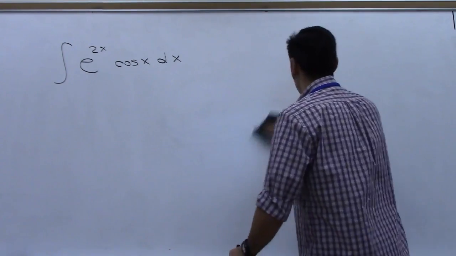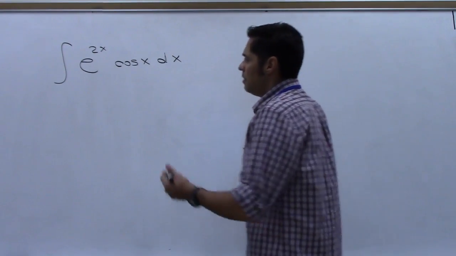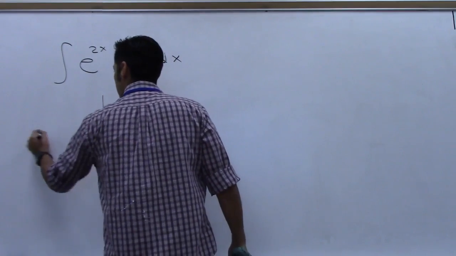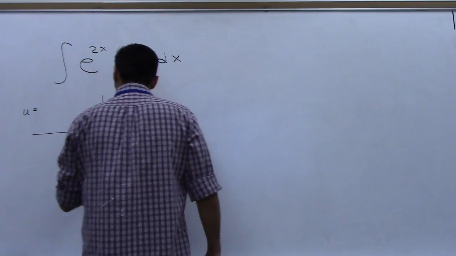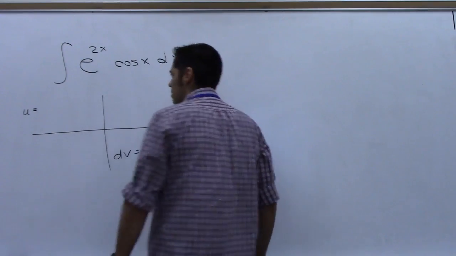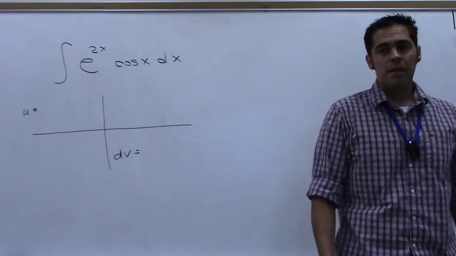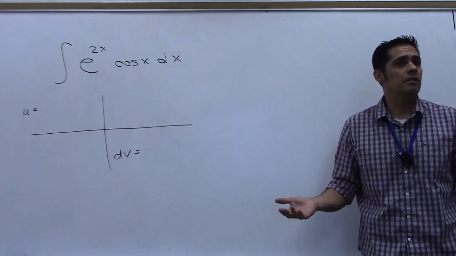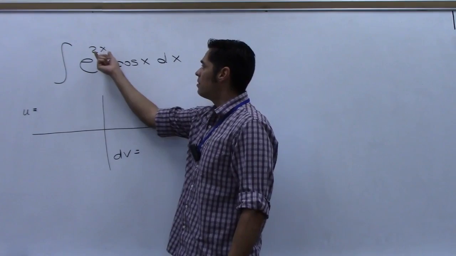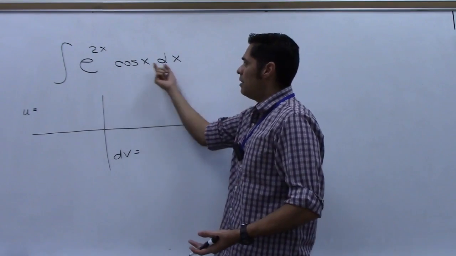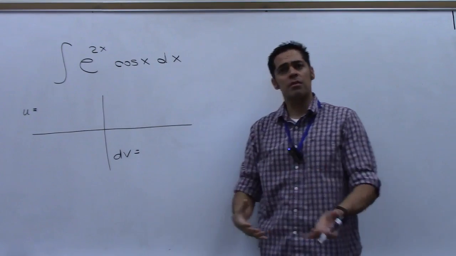So let's see how. The first thing I'm going to do is set up my table. I'm going to choose a u, and I'm going to choose a dv. And really, you have kind of a coin flip here of how you want to do this. You can choose your u to be the e to the 2x, and then your dv would be the cosine x dx, or you could go the other way.